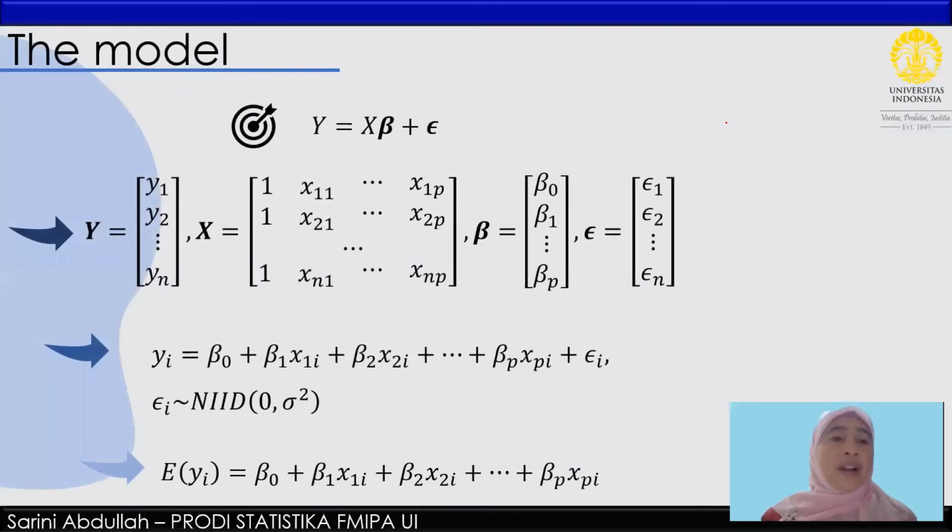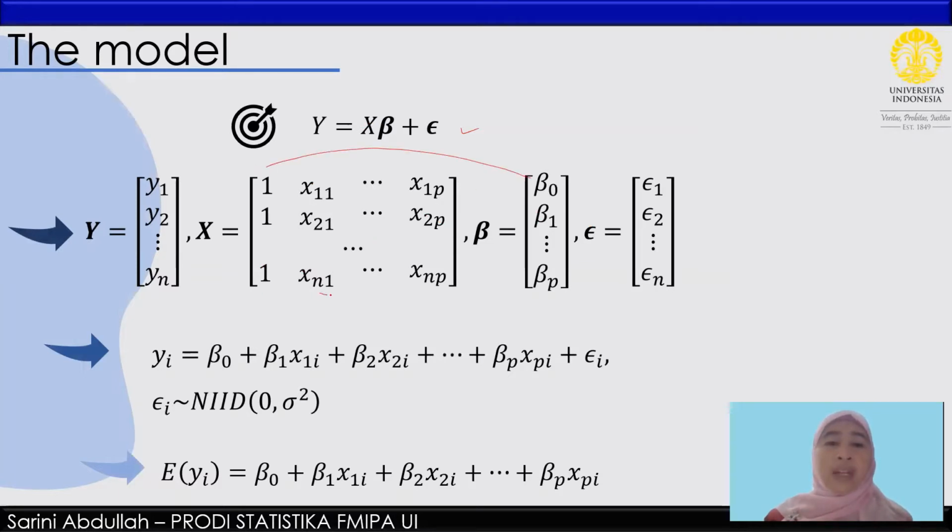So just a quick recall on the form of the model. We can have it in the form of matrix multiplication in here, where we have matrix y equals x beta plus epsilon, where y is the matrix of a response variable, x is the matrix of predictor variables, with the first column a vector of ones that should be associated with the intercept beta naught.